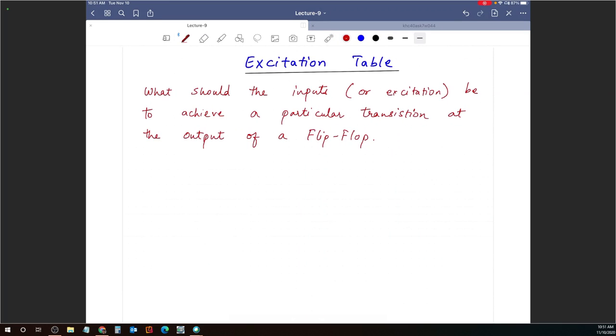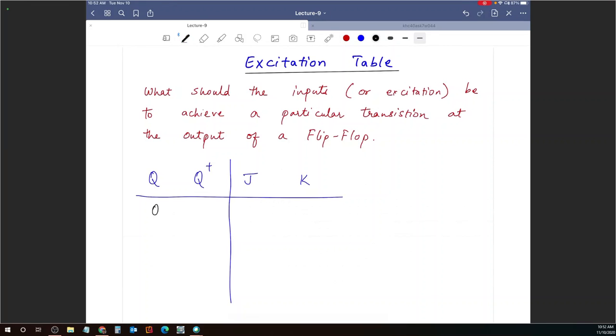So the inputs now are going to be Q and Q plus, and on the output side of this table, I'm going to write J and K. I'm deriving the excitation table for the JK flip-flop. Between Q and Q plus, how many possibilities should I write for the input side? 4 of them.